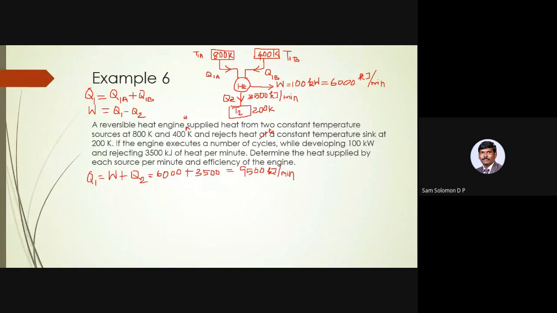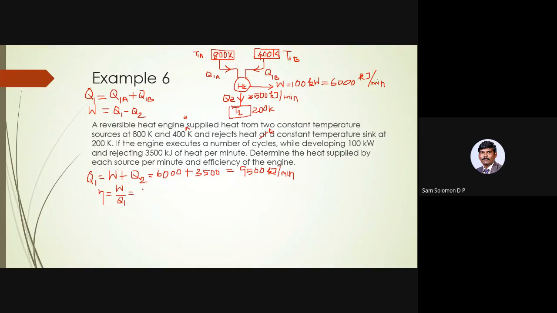Is there anything we can do from the known formulae? Your efficiency is work done divided by heat supplied. That we can find out. Because you know the value of W and the value of Q1, it is possible to find the efficiency.